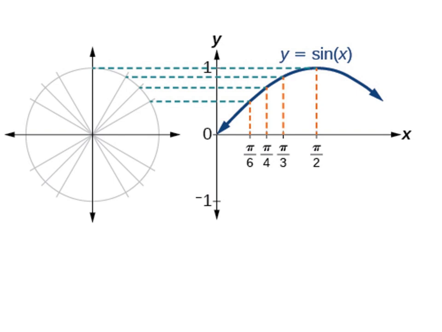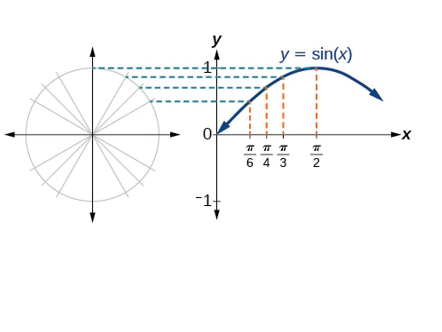And the dashed line from the unit circle over to the graph indicates that we're looking at the y value of the point. And so the y value of the point on the unit circle is the y value on the graph of sine x. And that's the dotted horizontal lines in this case, indicating the connection between those y coordinates.